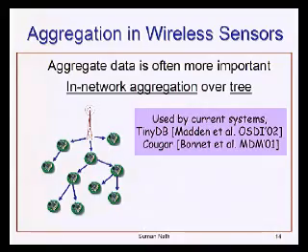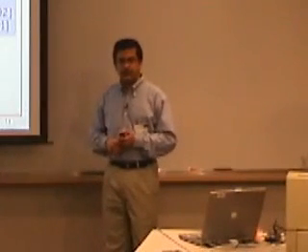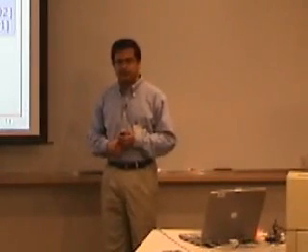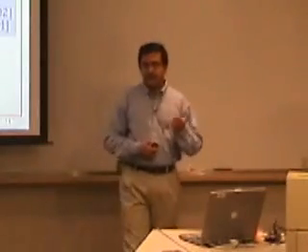The traditional approach of doing that uses 2 techniques. First, it constructs a spanning tree that spans all the nodes in the network, where the base station is the root. Then every intermediate node in the tree aggregates the data as the data propagates toward the base station. This is called in-network aggregation, and it is used in all the current existing systems like TinyDB or Cougar.